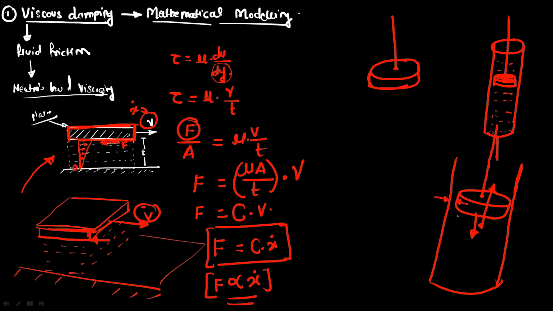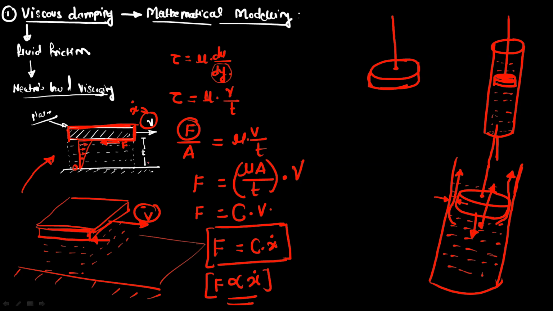Because of this velocity, the fluid inside this tube will try to flow from this gap, and this will create the fluid friction due to fluid viscosity.